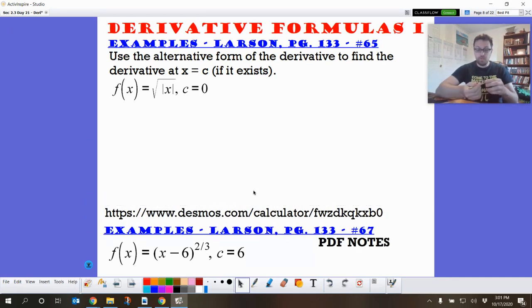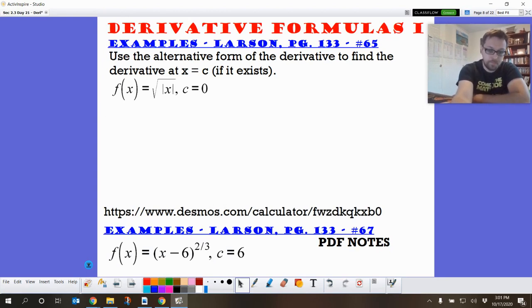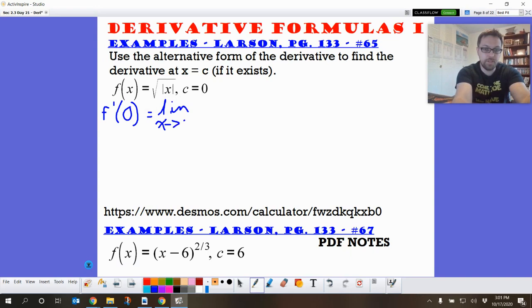I'm going to use my new definition of my limit. I want to do f prime of my c value, in this case 0, equals the limit as x approaches 0 of f of x minus f of c, which in this case is 0, over x minus 0.